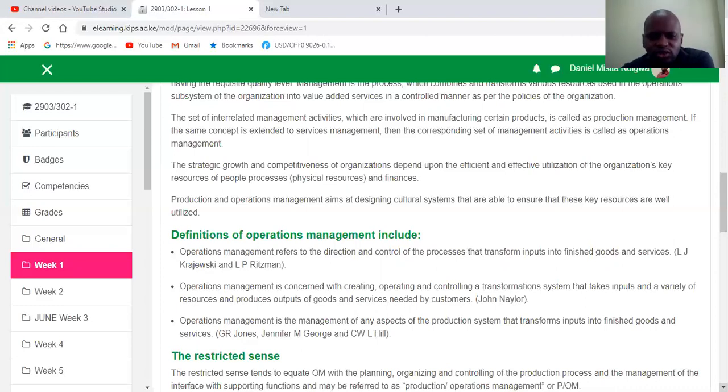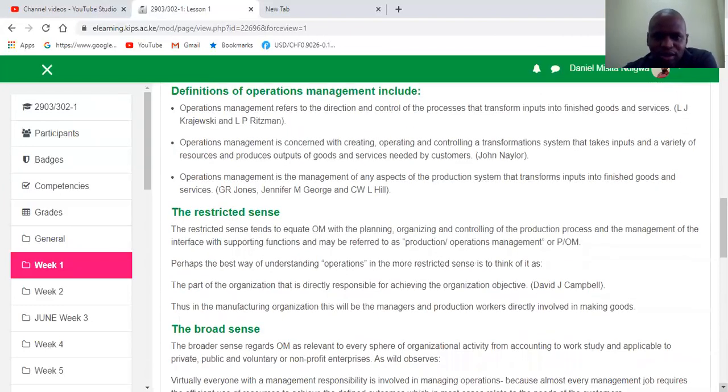The last definition, by George, is that operations management is any aspect of production system that transforms inputs into finished goods and services. According to those definitions, you realize we have very major components in those definitions. One of the components is inputs. We have the transformation process and we have outputs.